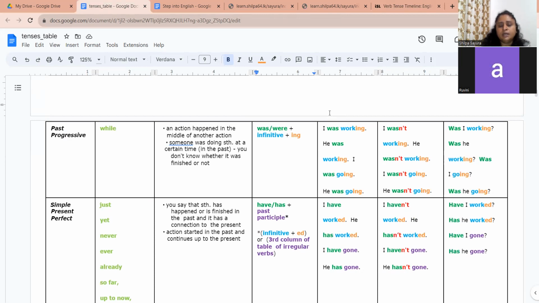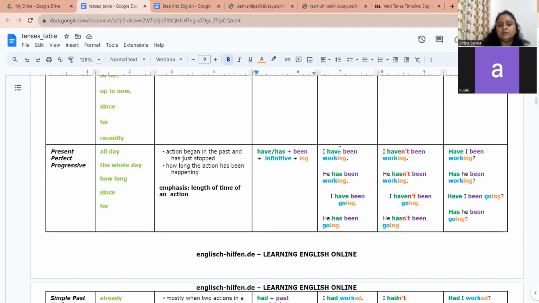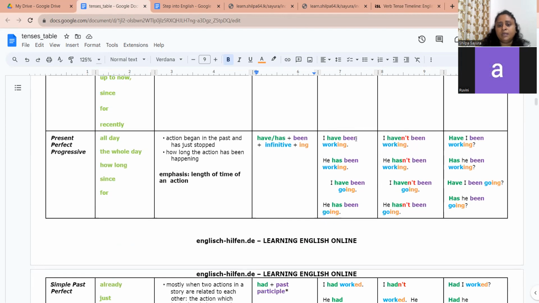There we learned that in the simple present tense we use am, is, are, and in the past tense was, were. With the verb be, the ing form is being and the past participle is been. So here, I have been working. He has been going. Okay, so that's it.